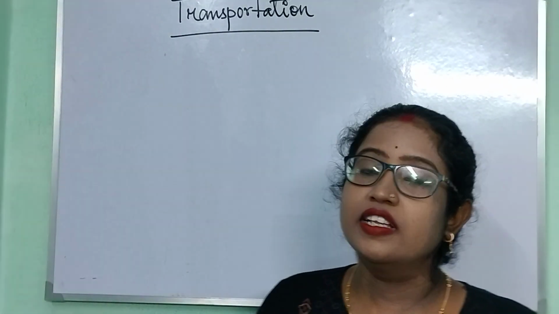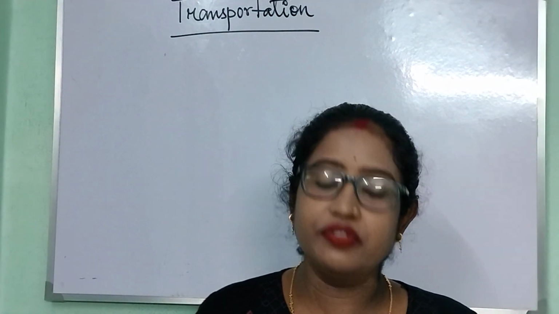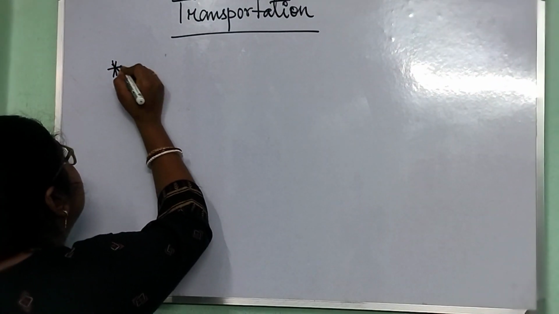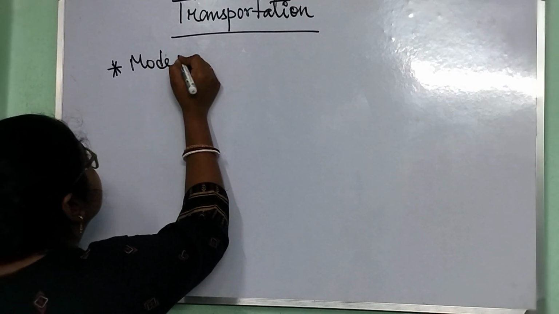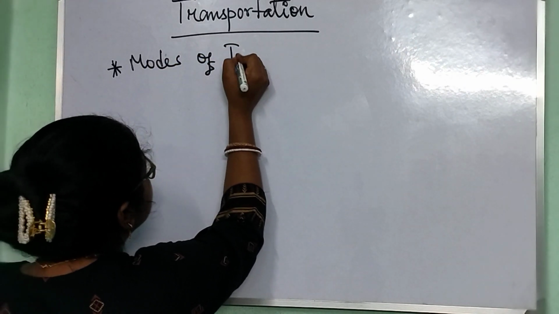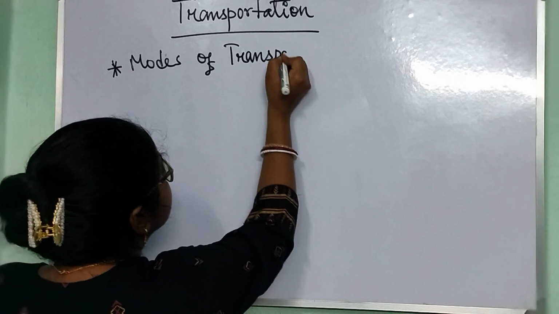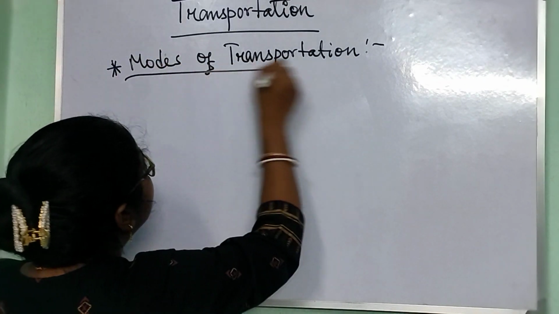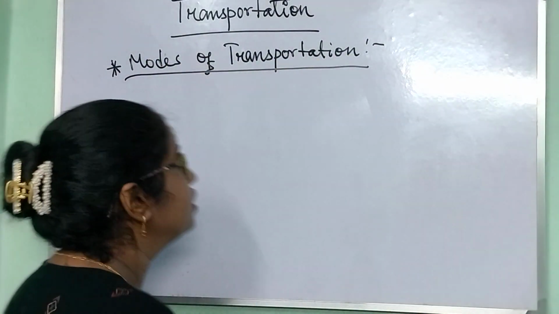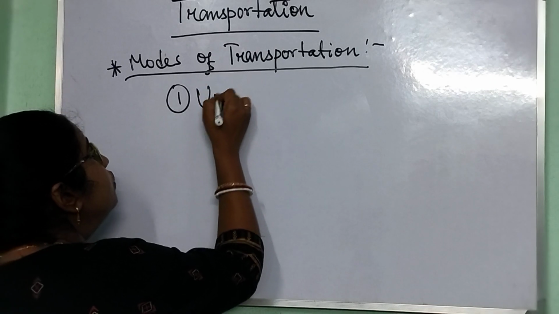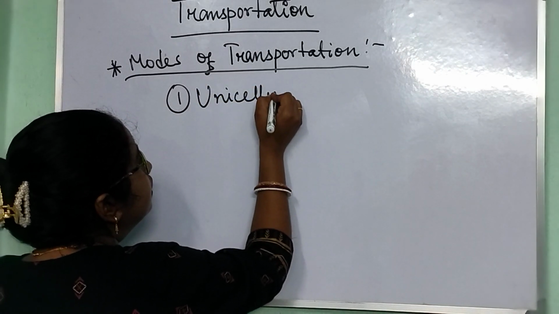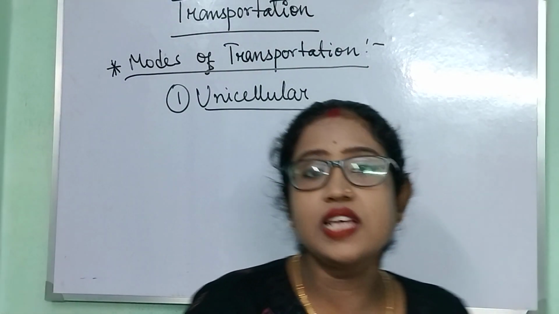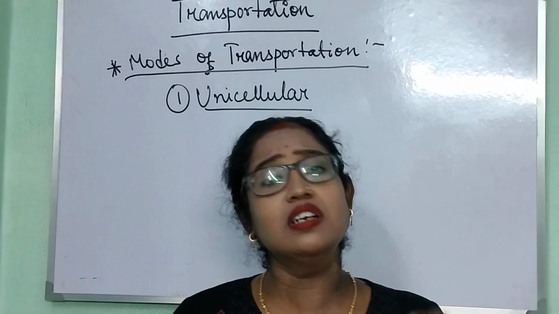Now, there are different modes of transportation. So, if we discuss the modes of transportation, there are basically two types or two modes of transportation. First, in unicellular organisms. A unicellular organism contains only a single cell.